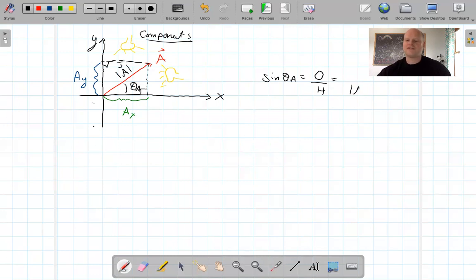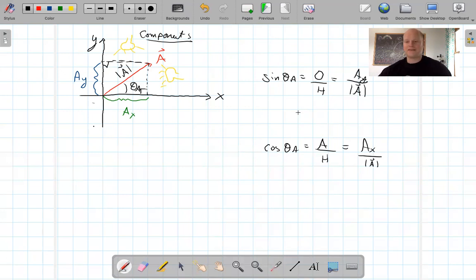Here, our hypotenuse is simply the length of this vector, which is the magnitude of vector A, and the opposite side is the A_y portion. For cosine, cosine of theta A is equal to the adjacent side divided by the hypotenuse, which in this case is A_x, the length of the shadow on the x-axis, divided by the magnitude of vector A.